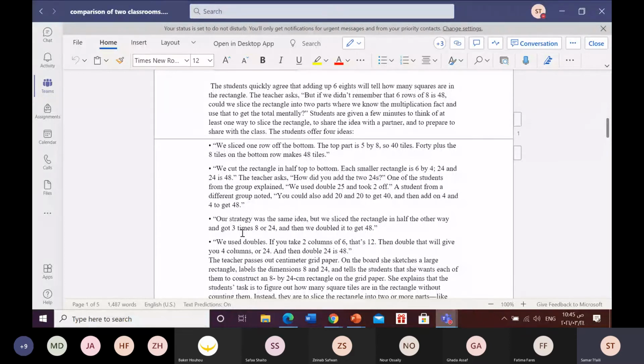So they developed several different strategies to solve the multiplication problem by taking numbers apart and putting them together differently, by using various representations. Each time they made different cuts such as arrays and area models and thinking about connections between addition and multiplication. This is in the first classroom.